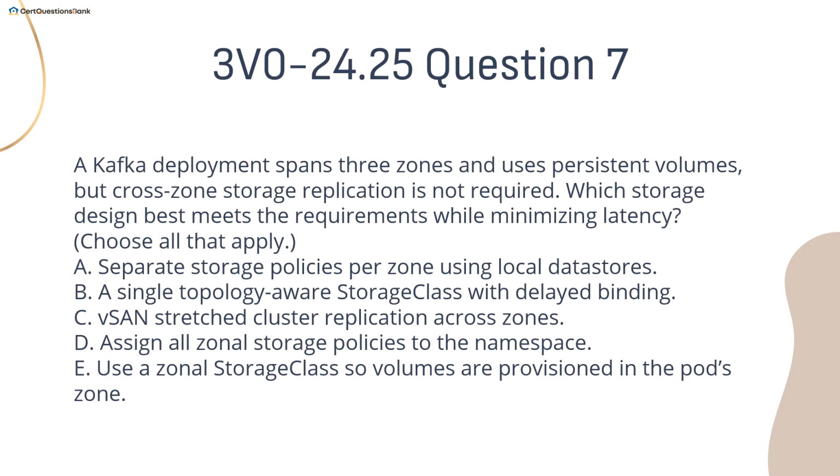B. A single topology-aware storage class with delayed binding. C. vSAN stretched cluster replication across zones. D. Assign all zonal storage policies to the namespace. E. Use a zonal storage class so volumes are provisioned in the pod's zone.